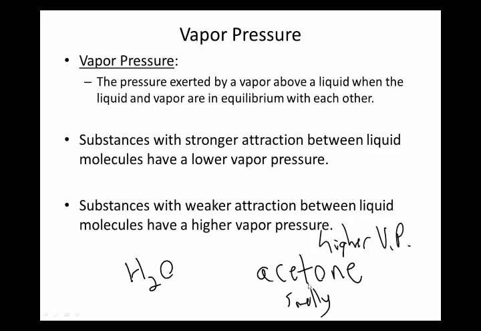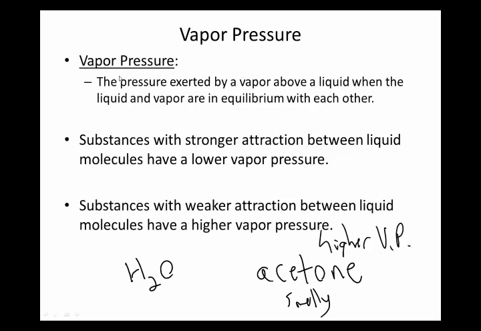I'm 6'1", and if I'm sitting down I can still say I'm 6'1". That doesn't describe my height at the moment, but it does mean that airplane rides are very uncomfortable for me because there's not very much space. It still tells you something. And what vapor pressure really tells you is how quickly the substance evaporates. So acetone has a higher vapor pressure because it evaporates quickly. That's what vapor pressure is all about.